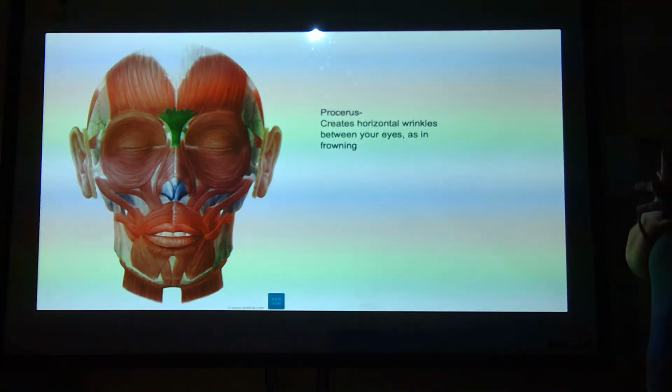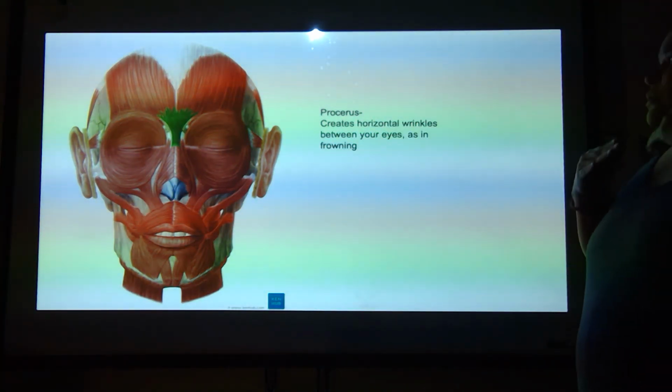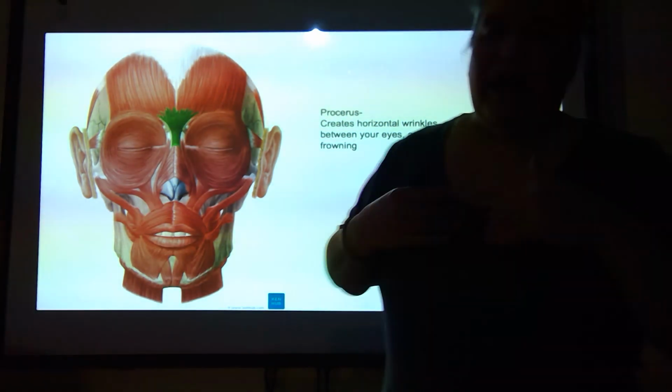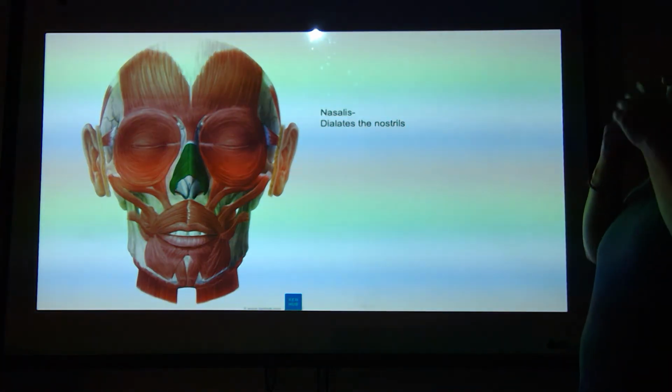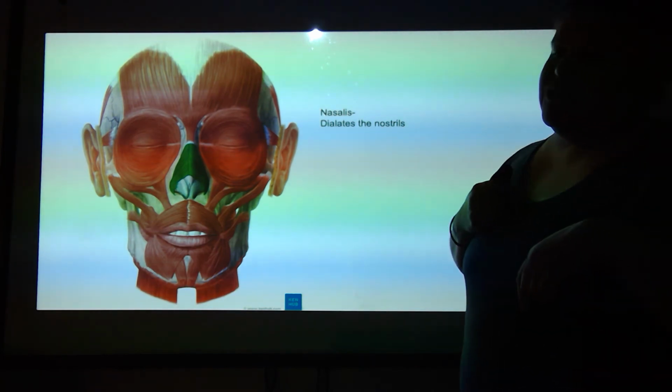The Procerus, it creates horizontal wrinkles between the eyes when you do that, that pull down right here. The Nasalis, it dilates the nostrils. I think some people have a lot more control over this. I know people who can do that really well. I'm not one of them.